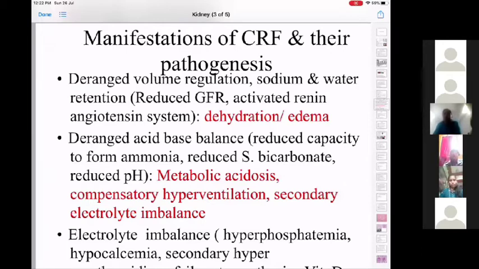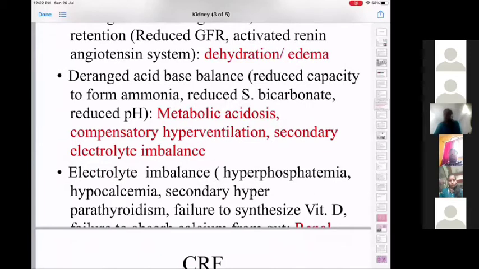Second is the deranged acid-base balance. If acid-base balance is deranged, then this causes chronic renal failure. Metabolic acidosis or metabolic alkalosis may occur, and this metabolic acidosis and alkalosis also result in electrolyte imbalance.